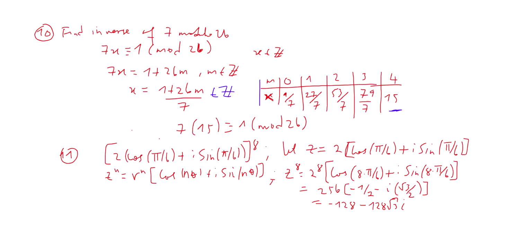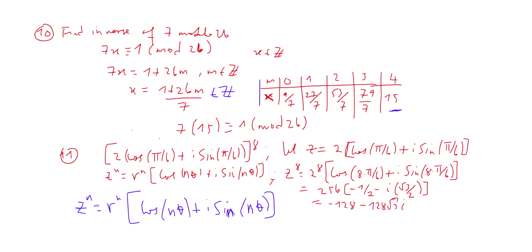So we use the formula that we know: if we want to find the nth power, then r to the n is equal to cos n theta plus i sine n theta.